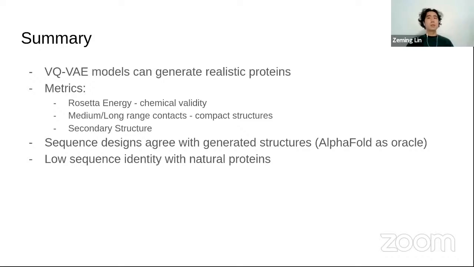My intuition is that it's maybe learning the underlying grammar for the generated structures. So it's maybe able to learn the structural motifs that make up a protein. And if you're able to generate a sequence of these motifs, you're able to generate a good structure. But further work is needed to see if this is actually the case.